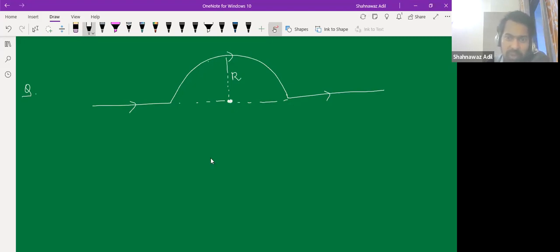So how many contributions would be there, guys? Let's say current I is there. So how many contributions? Chavez is saying three. Tariq, what about you? Shavin is saying three contributions.